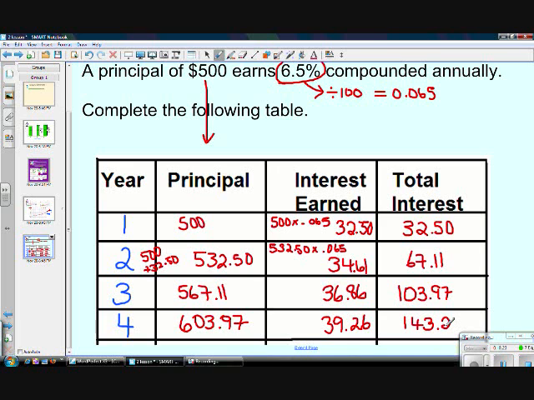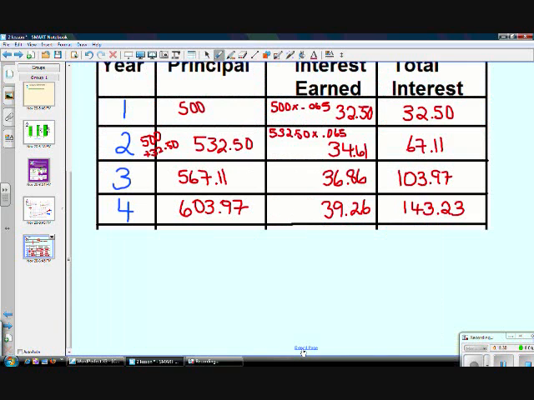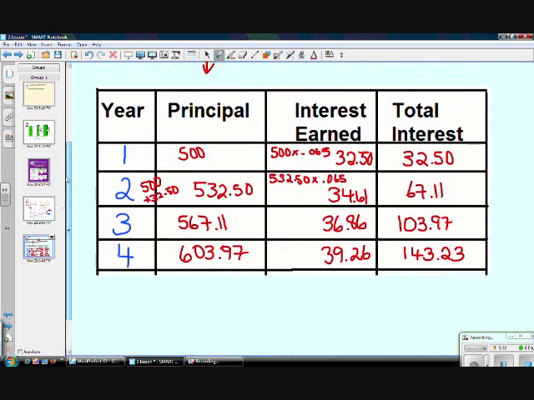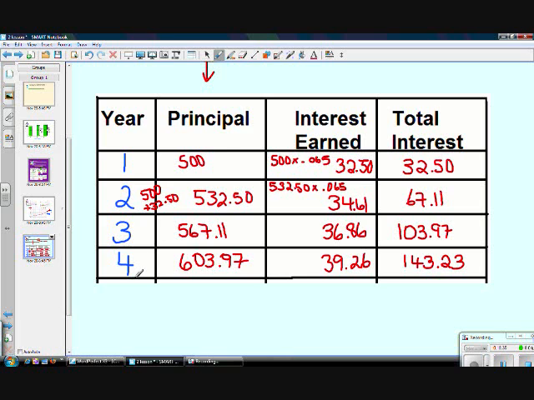The money worked for me. And we could keep on going and going, and some of the questions do ask you to go a little bit further than 4 years. But you can see by looking at this interest earned column, after the first year I was only making $32.50, but at the end of the 4th year I'm getting much closer to $40. So that's really important because remember, you didn't have to work for it. The money worked for you.